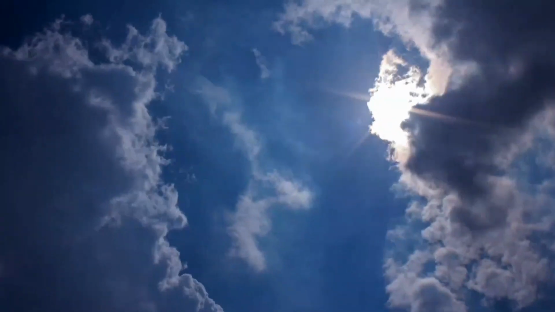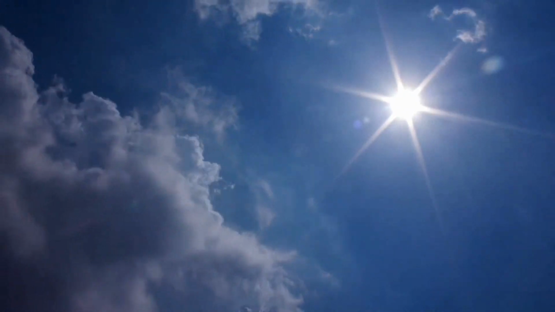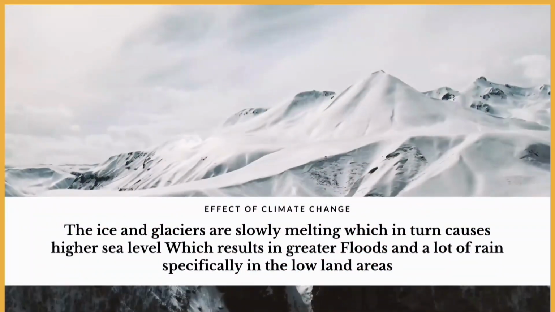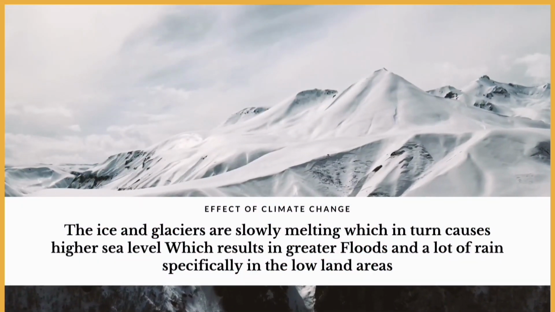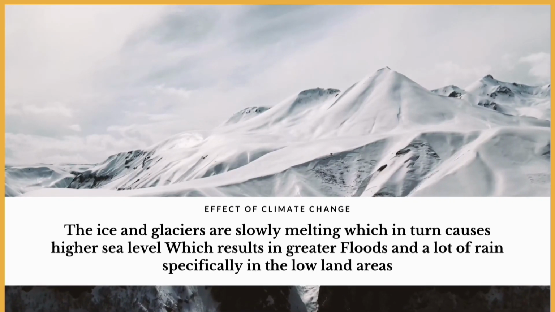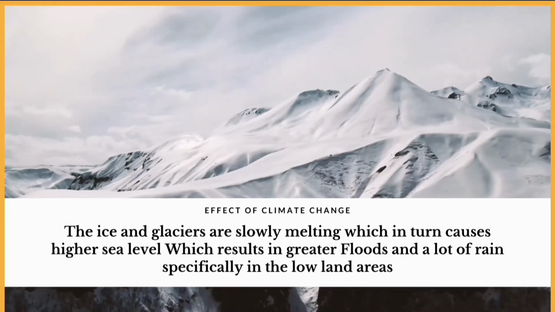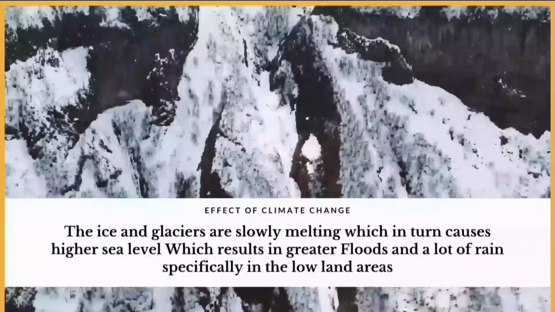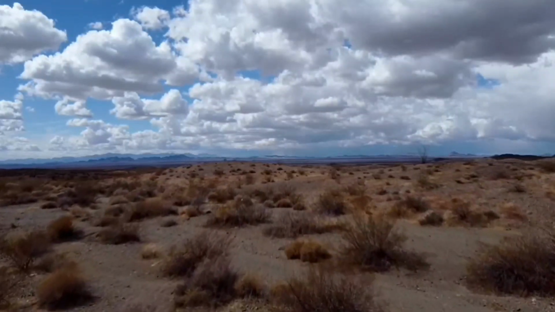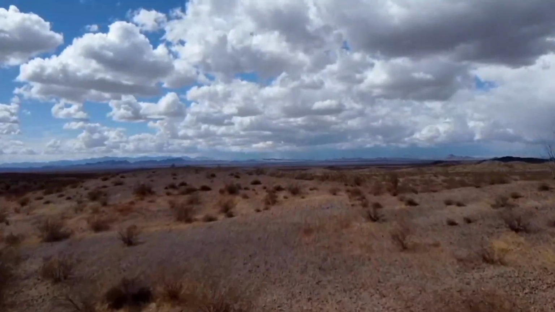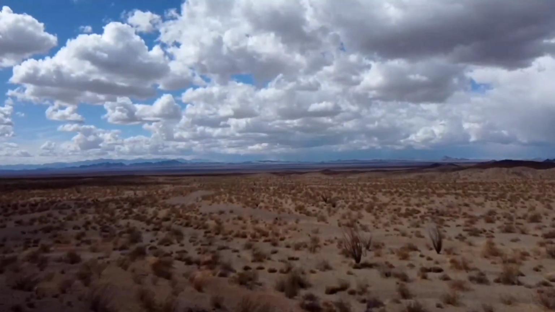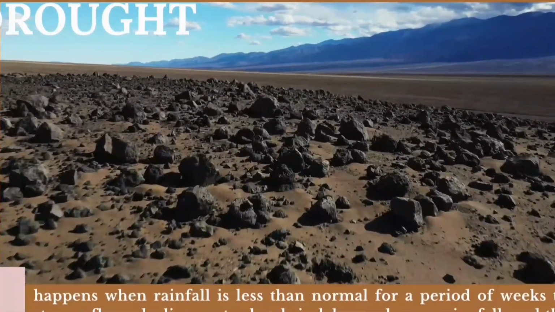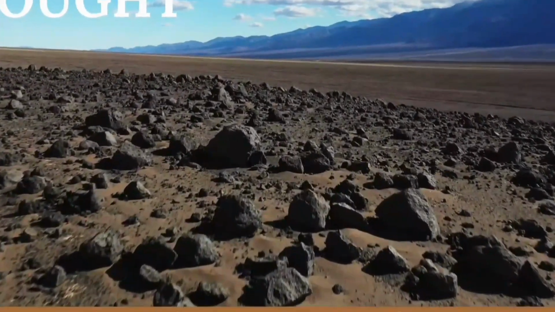Global warming causes a lot of effects in the Arctic regions of the world, for the ice and glaciers are slowly melting, which in turn causes higher sea levels, which results in greater floods and a lot of rain, specifically in the lowland areas. Another thing is extreme weather conditions, such as drought. A drought happens when rainfall is less than normal for a period of weeks to years.